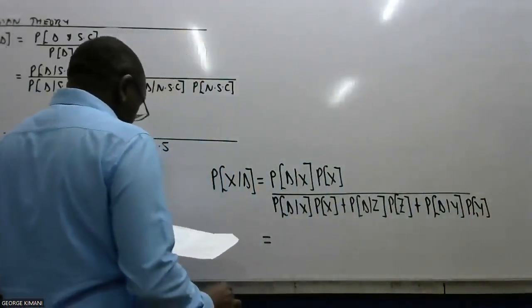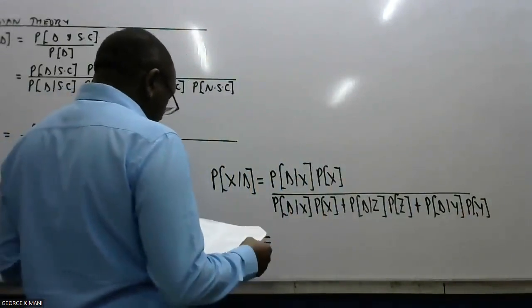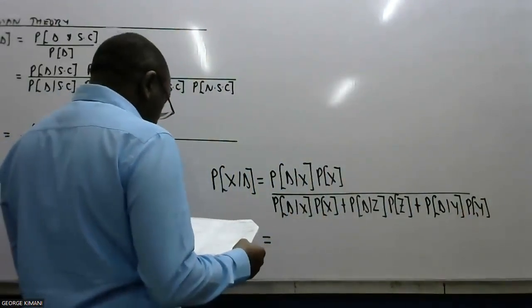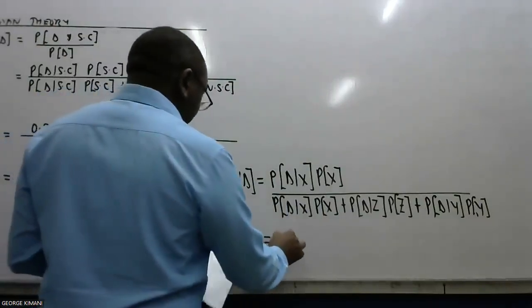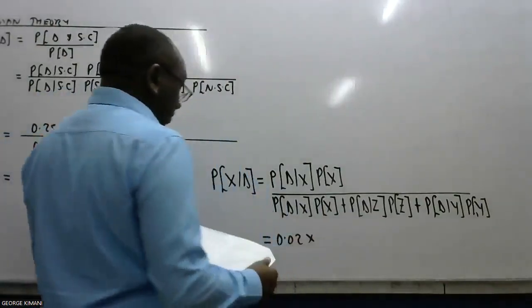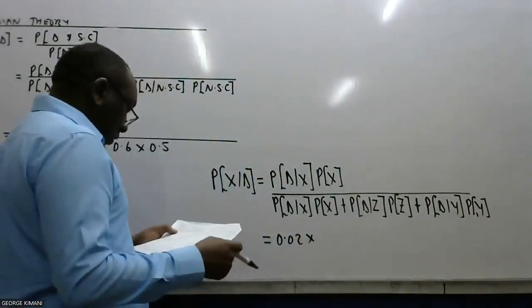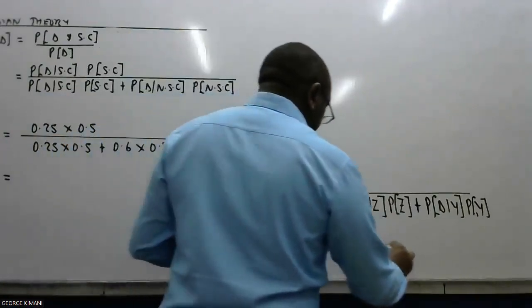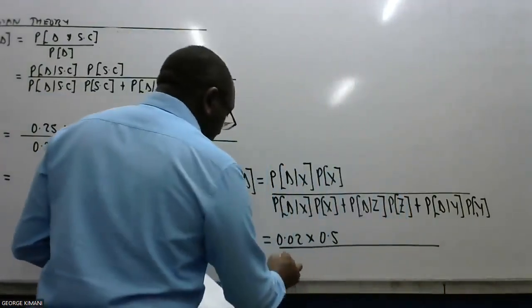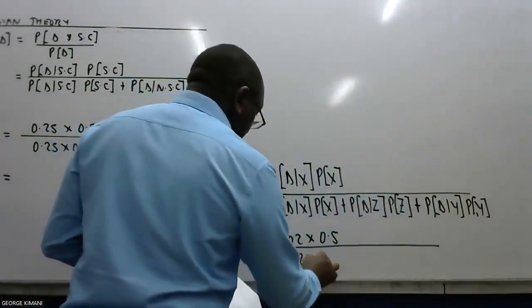So if you look at those that are produced by X, they have a chance of 2% of being defective. And X is producing 50% of all the items. So this will be 0.02 times 0.5.